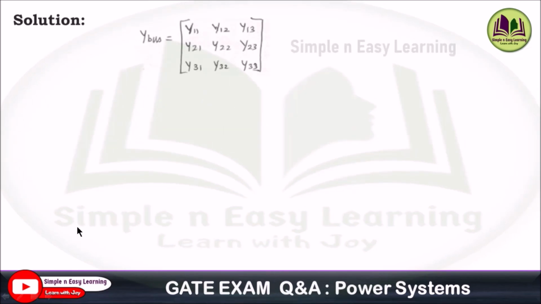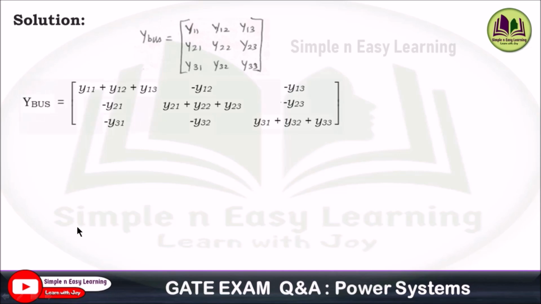So the Y bus matrix, as you know, for a 3-bus system is a 3 cross 3 matrix. The diagonal element will be y11 plus y12 plus y13. In some cases we can consider this as y10, and here y20, and here y30, or we can simply take it like this, and the off-diagonal elements are minus y12, minus y13.